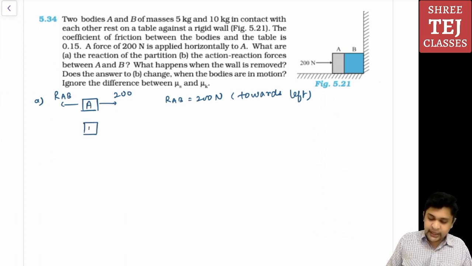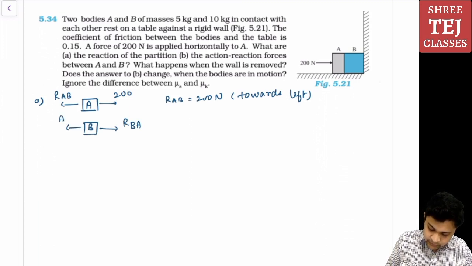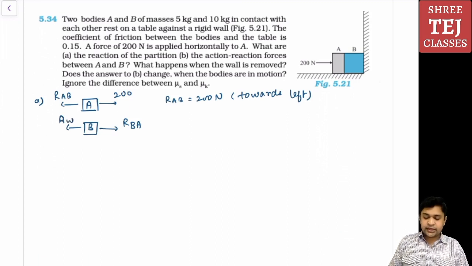Now for object B, what will happen? This is R on B due to A, and this is reaction due to wall. This magnitude would be 200 Newton.